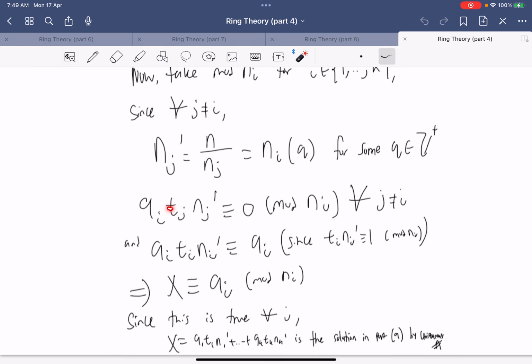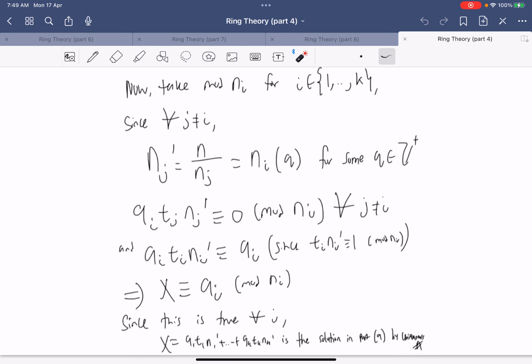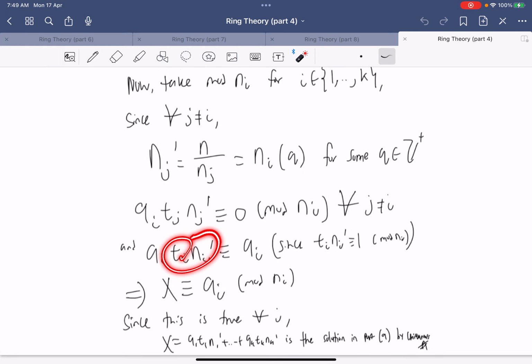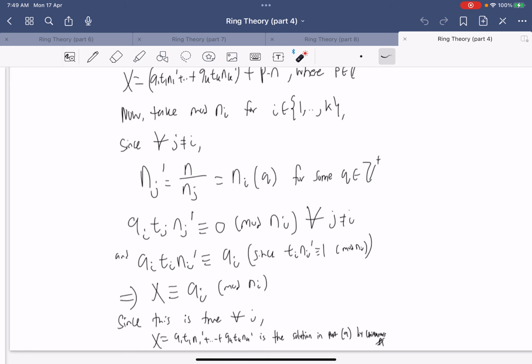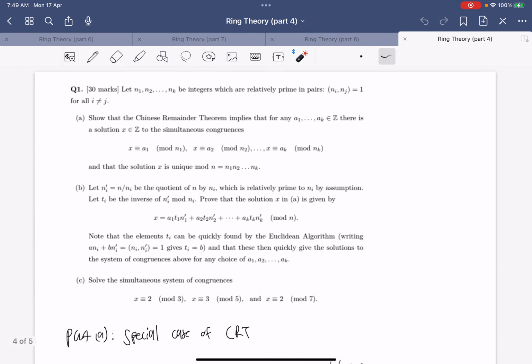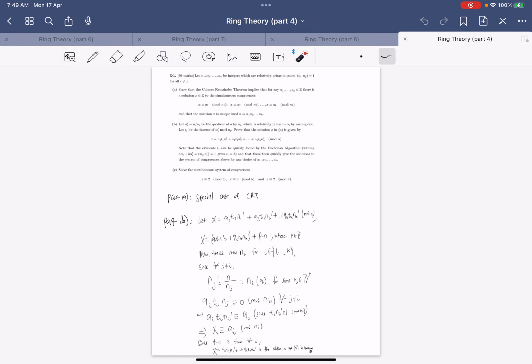And because ti is the multiplicative inverse of ni prime, as we have defined, this part is 1, so you're left with only ai in the end. So x is congruent to ai mod ni for all i. So it actually is a solution to the system of equations that you want.